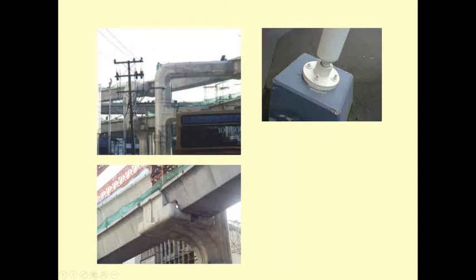Because during the daytime, the temperature is high, right? The beam is going to expand. However, at nighttime, the temperature cools down, and the beam is going to contract. So they allow the connection to move a little bit to accommodate the temperature change.